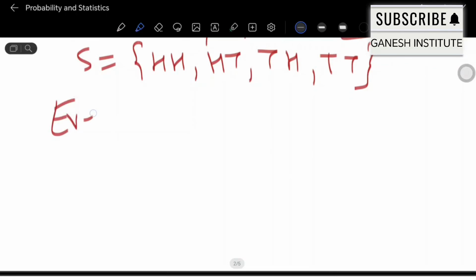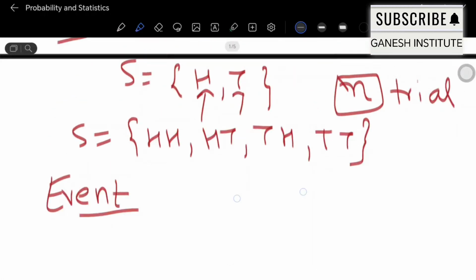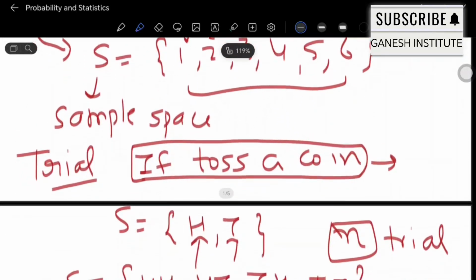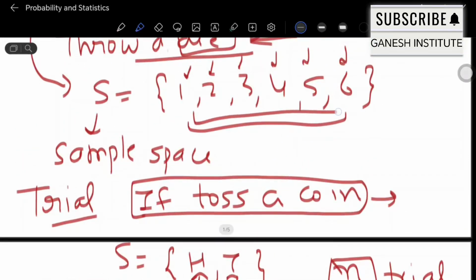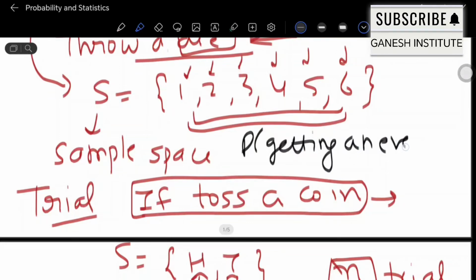What do you mean by event? An event is basically a subspace of the sample space. Now if you ask, tell me the probability of getting an even number. You know that probability is favorable outcomes upon total number of outcomes. What are favorable outcomes here?